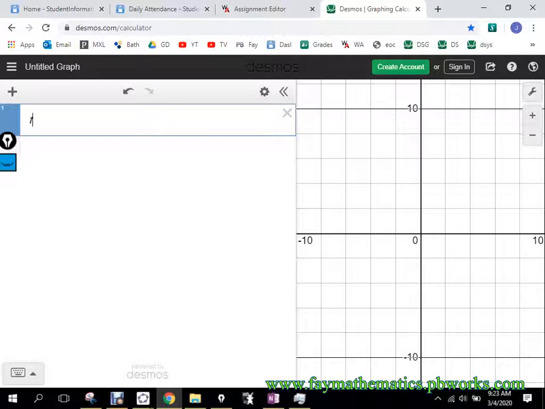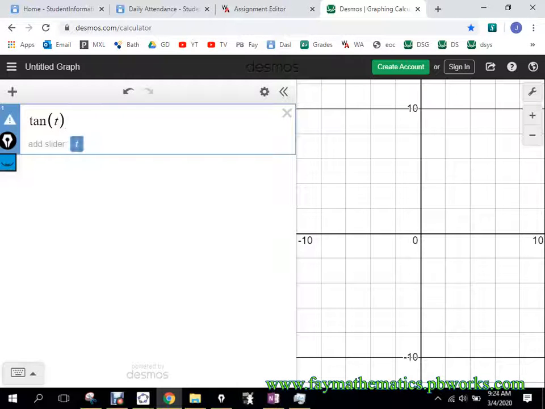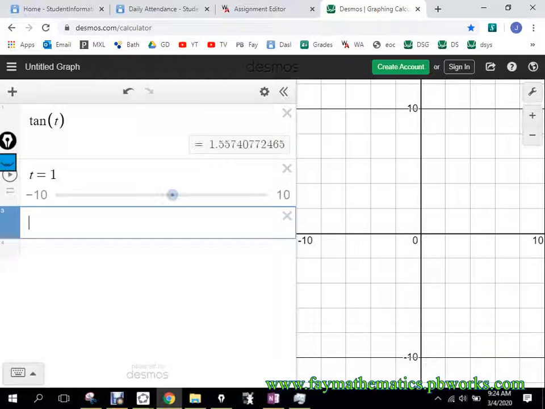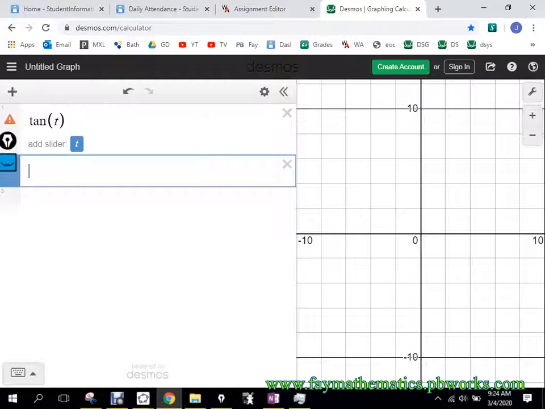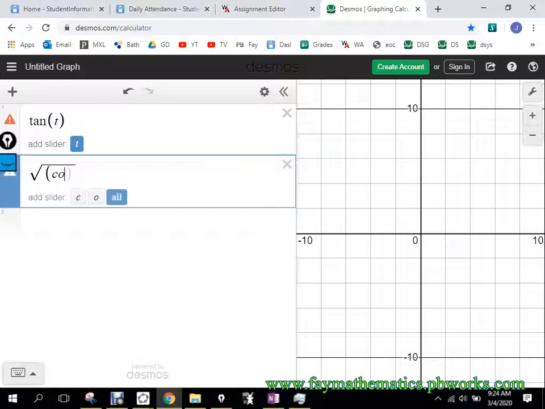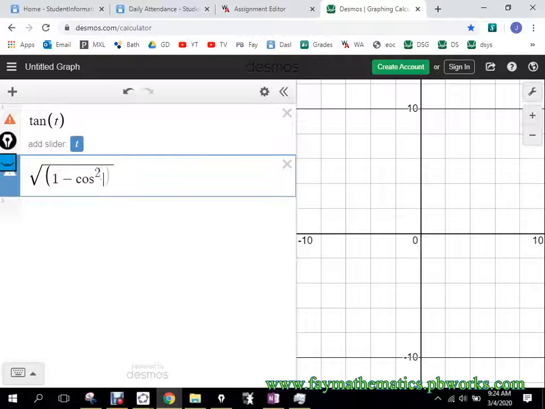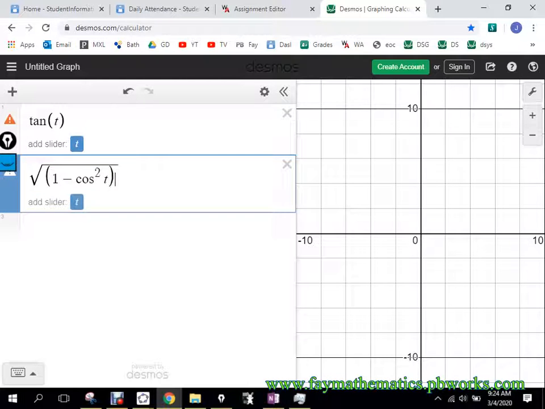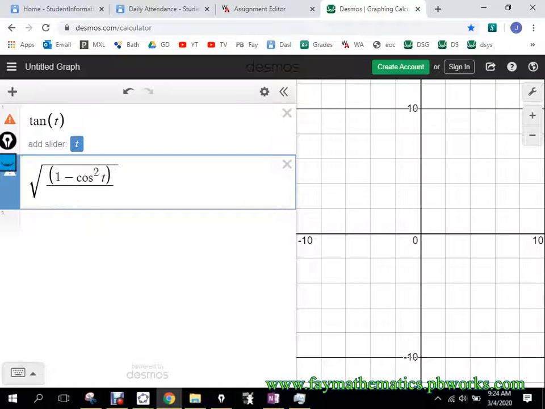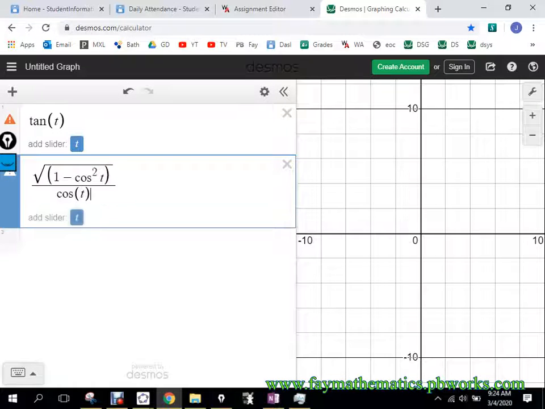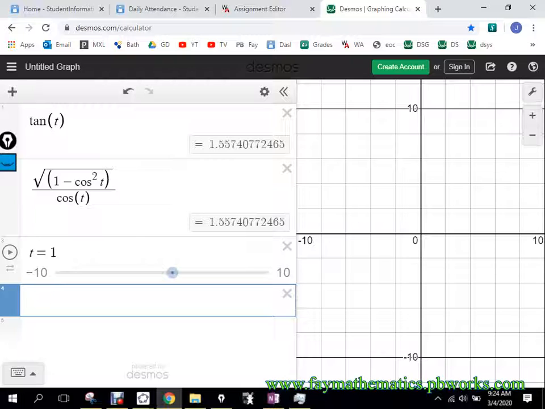But what we just came up with was tangent of t. That was the left-hand side, right? The right-hand side was the square root of 1 minus cosine squared t divided by cosine of t. Okay? Now t needs to be in the third quadrant, right?